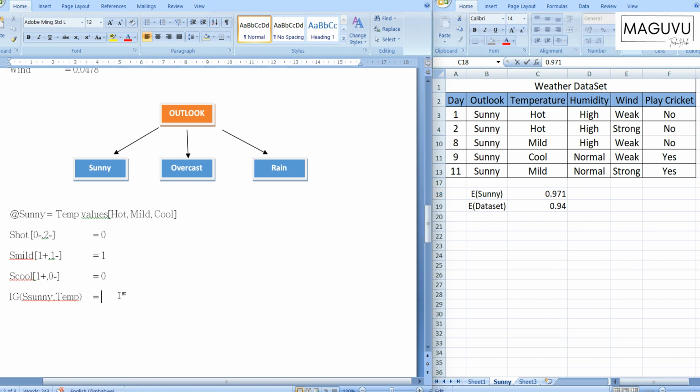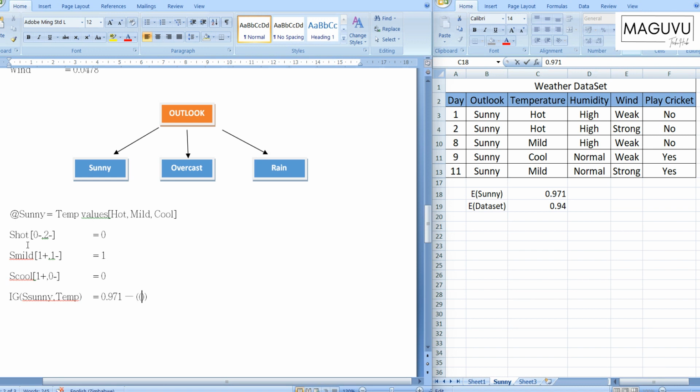So we bring that 0.971. So we are now using 0.97, the entropy of sun, instead of using the entropy of the whole dataset, right? And then we go ahead and do the calculations.